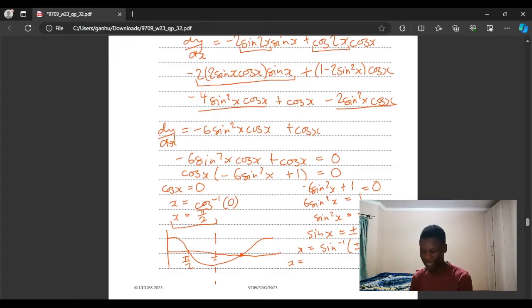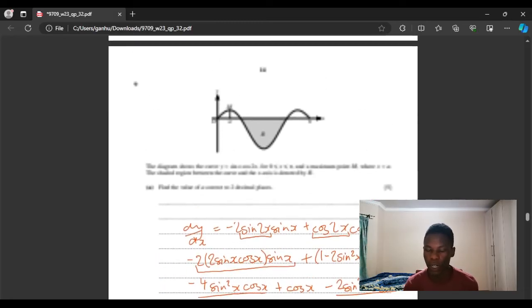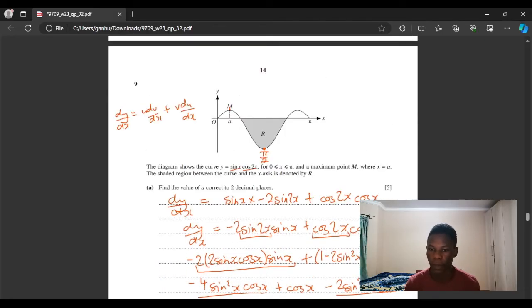Let's start with the positive root 1 over 6, and we are in radians, so x is 0.421. And the other one would be x is equal to arcsin of negative root 1 over 6, and that will give us negative 0.421.